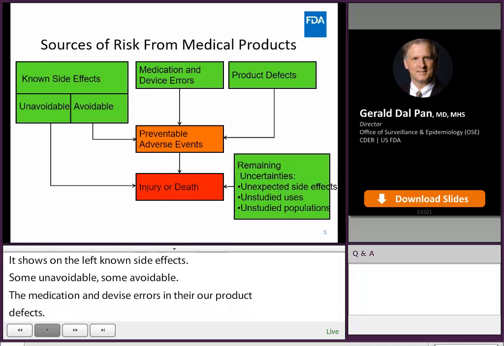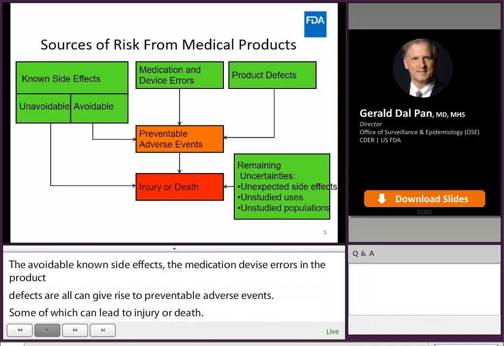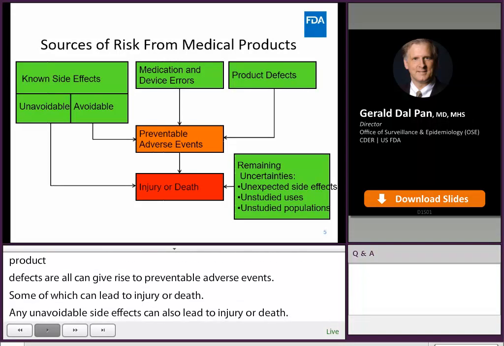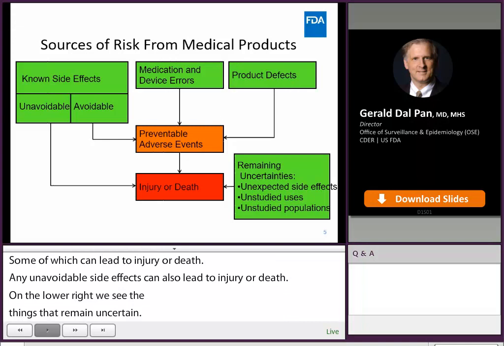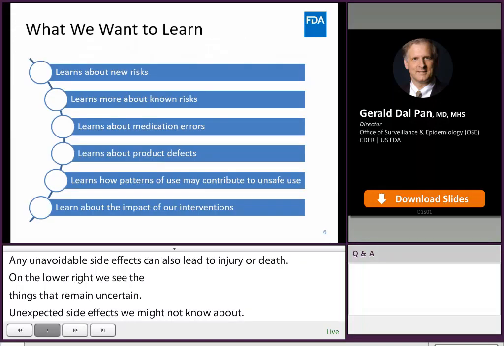And the unavoidable side effects can also lead to injury or death. On the lower right, you see the things that remain uncertain. There are unexpected side effects we might not know about, unstudied uses of the product that may appear in the post-market phase, and unstudied populations that may start receiving the product. All those things and much more are the focus of our post-market safety activities.